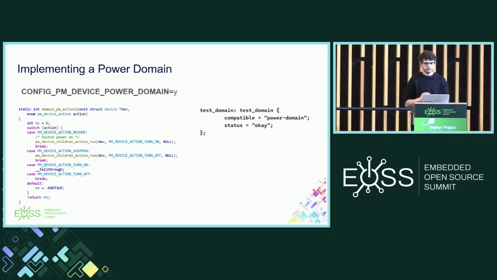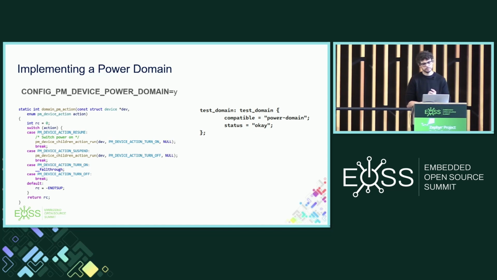The last piece that I will cover in implementation is power domains. They are, as I mentioned, just devices. There is no specific API for a power domain. That said, they are a special kind of device. When you are implementing power management, the very first thing is that they have to be declared as compatible with power domain in the device tree, or when you are manually defining the device.